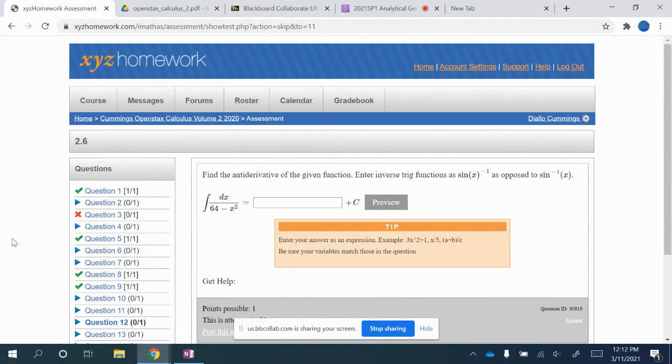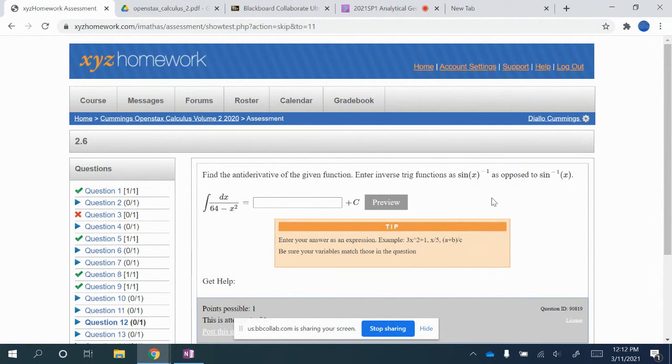And notice in the directions, they tell us to use the inverse of hyperbolic sine.